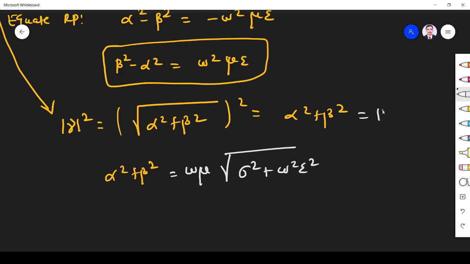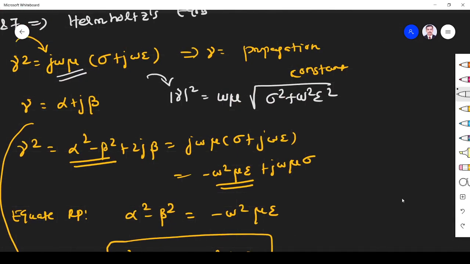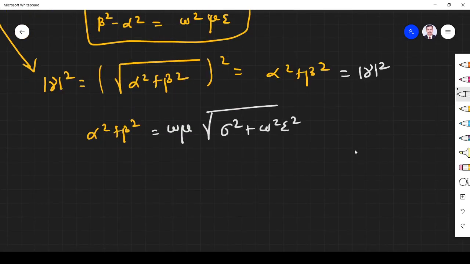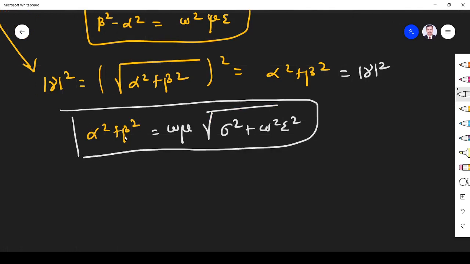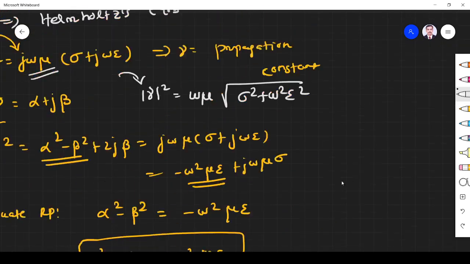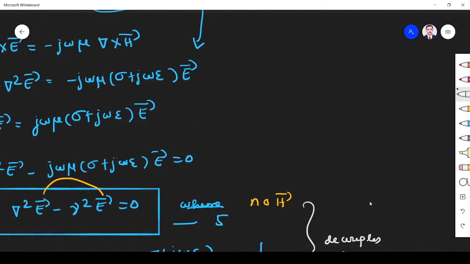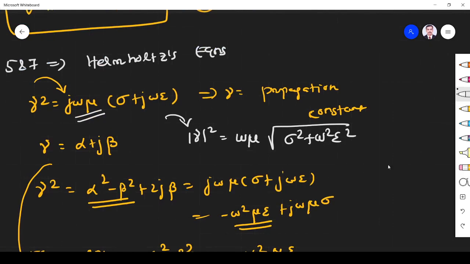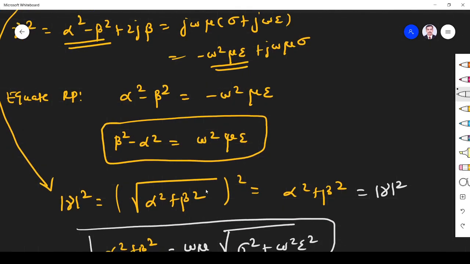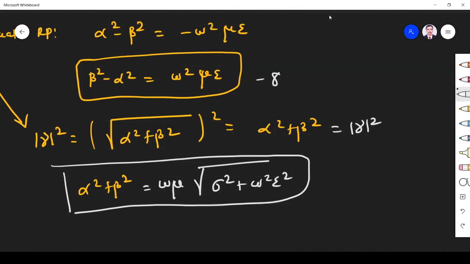Let us call this equation number 8 and this equation number 9, since I already have 7 equations.